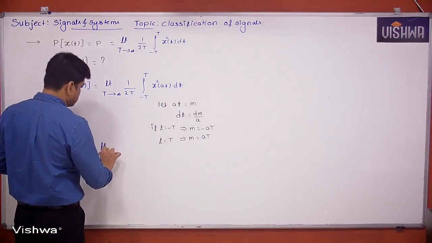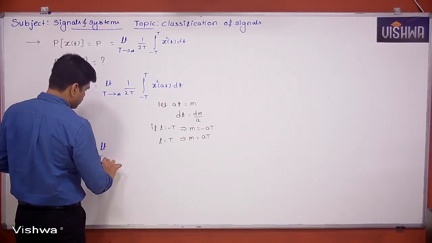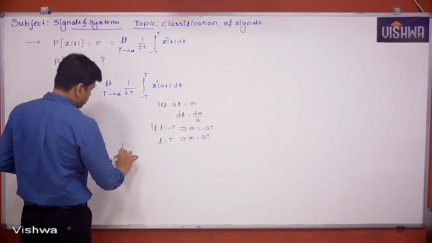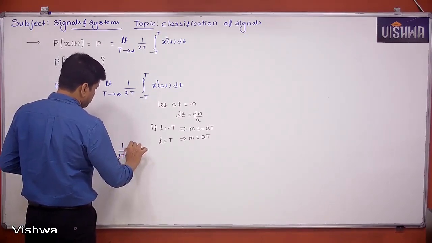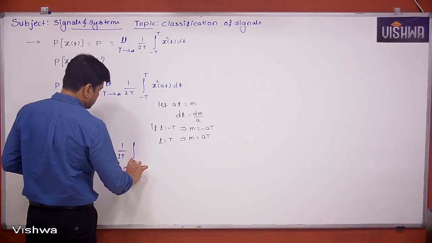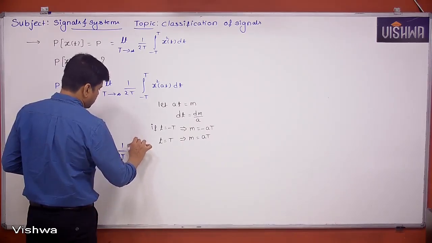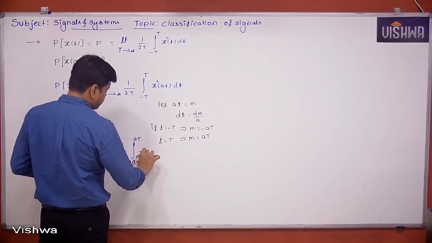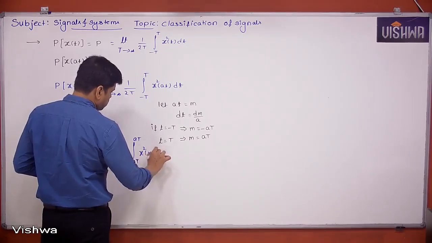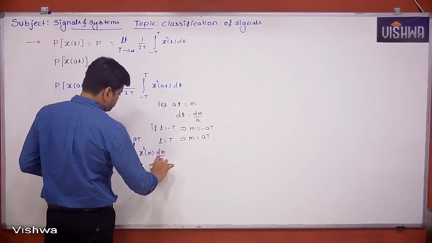Limit t tends to infinity 1 by 2t integral minus at plus at x of m square dm by a.